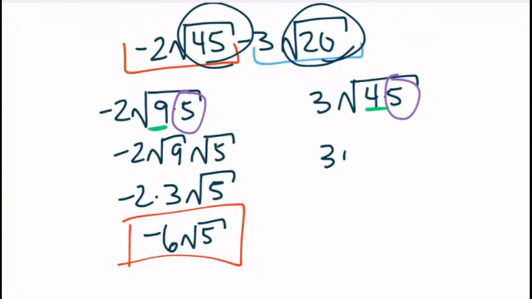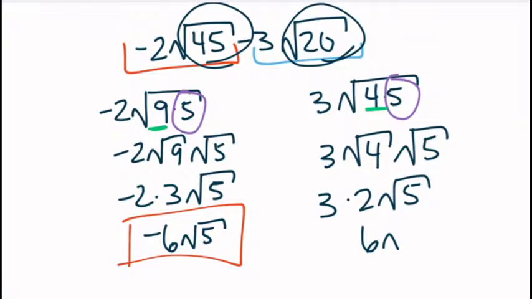Going along with this simplifying process, we can simplify radical 4, or the square root of 4, into 2. Radical 5 is our final simplified form.